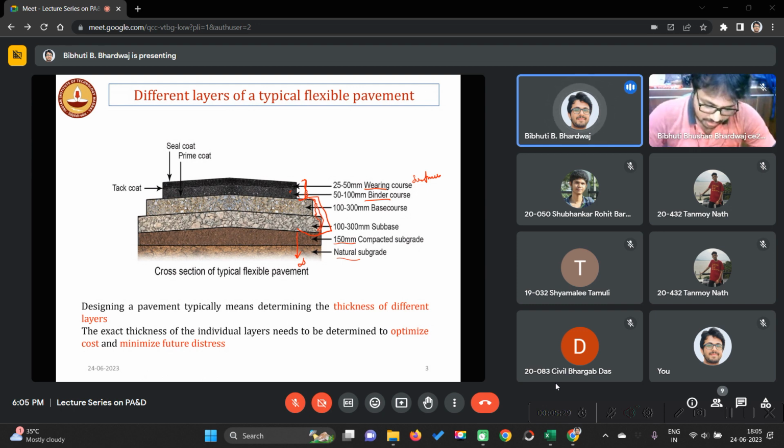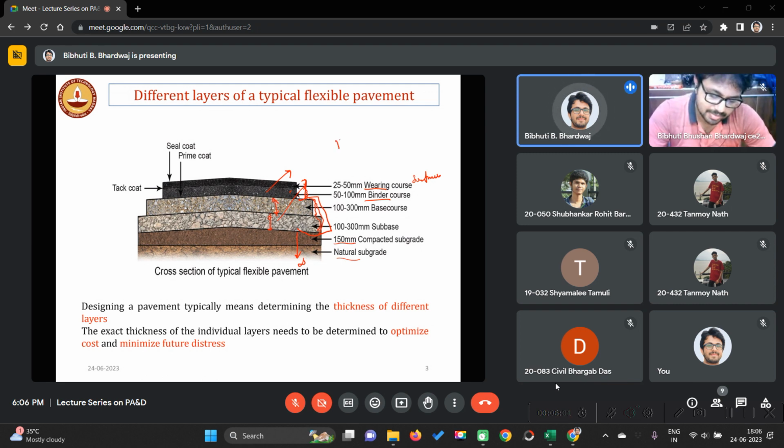So when we say designing a flexible pavement, that means two things. First, we need to identify what materials are to be used in the layers, and what should be the thickness of the different layers, to sustain the traffic load in its design life.